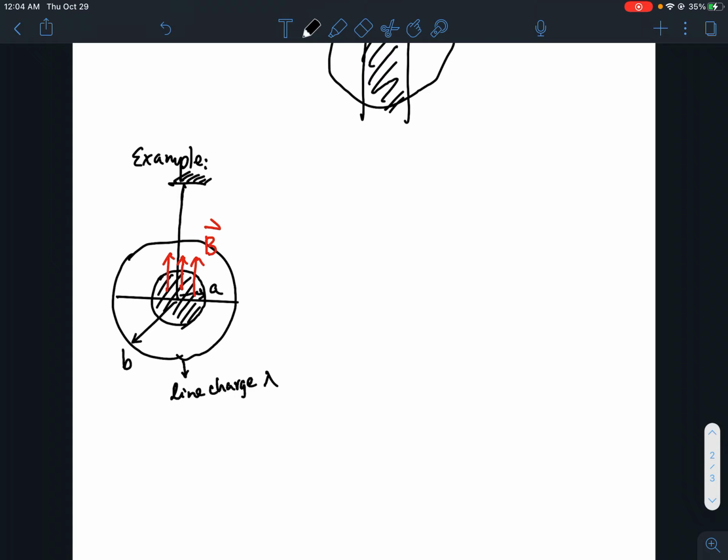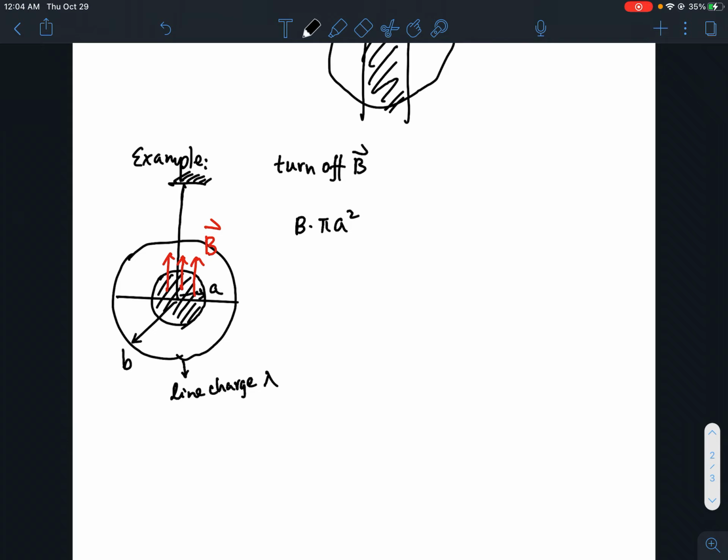Let us say we suddenly turn off the B field, and we want to figure out how this wheel will rotate. So what do we have? We can analyze this. If we look at this wheel, you can think about it as a loop. Originally inside there is a magnetic flux that is B times pi a squared.